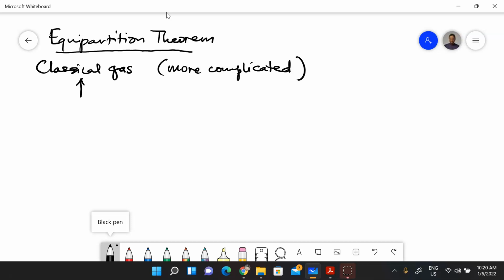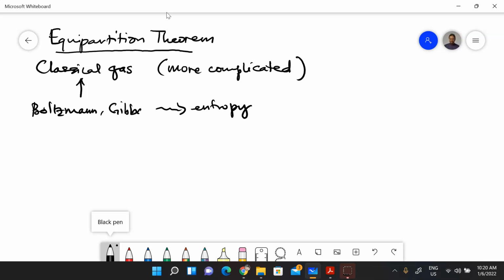So Boltzmann and Gibbs were already able to write down an expression for entropy.